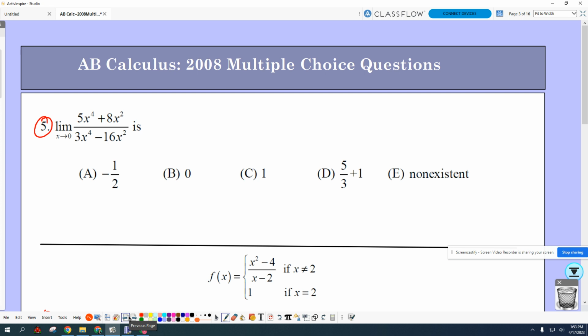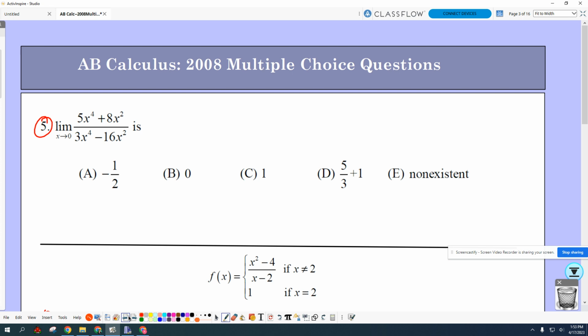Let people think about it first. 3 of you have the answer already, but some of you going, nah. I mean, clearly plugging in 0, we get 0 over 0. Can't do that.